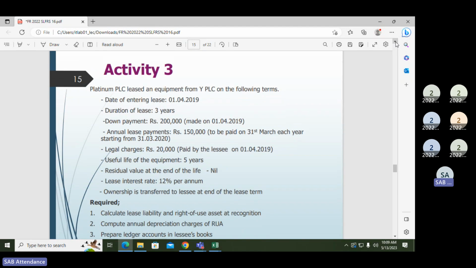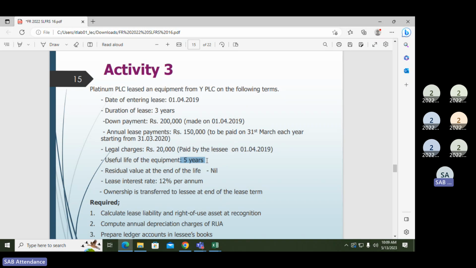Activity 3, Platinum PLC leased an equipment from Y. The following terms: date of lease 1st April 2019, duration 3 years, down payment 200,000 made on 1st April 2019, annual lease payment 150 to be paid 31st March 2021, 22. Legal charges paid by the lessee 20,000.